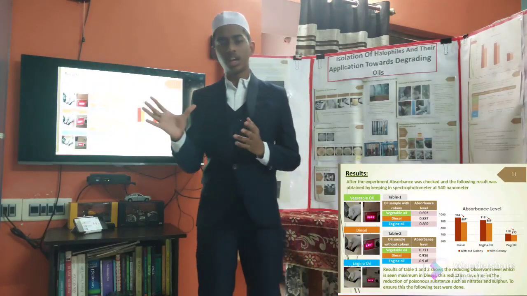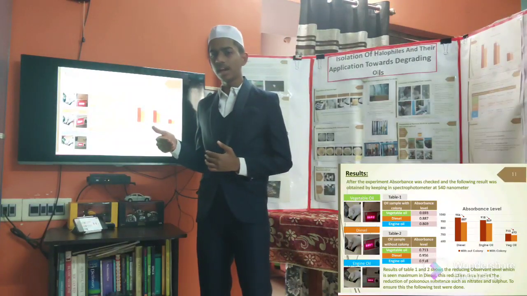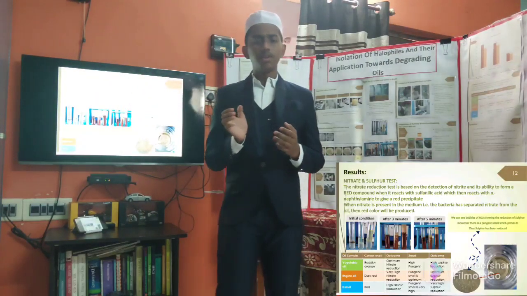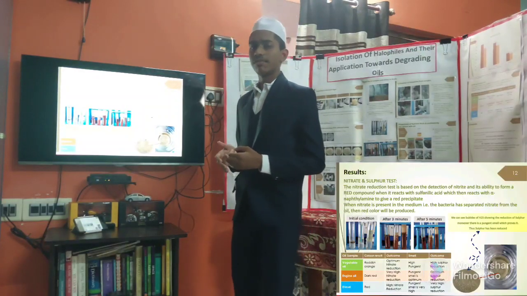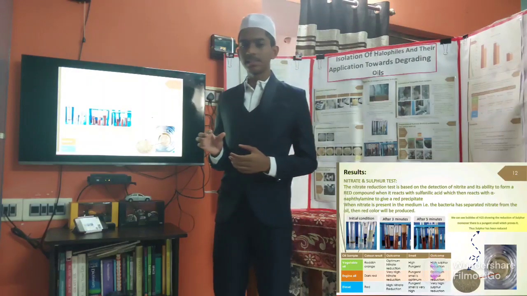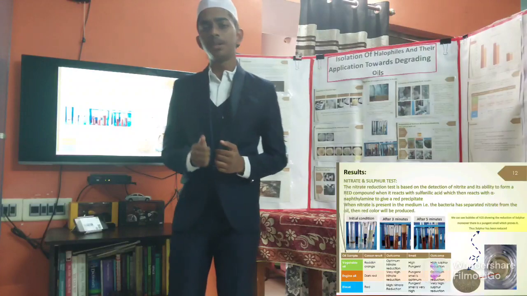To ensure that the hazardous oil contents have been reduced, we went on to test nitrate and sulfur. First, we are doing the nitrate test. For the nitrate test, we used alpha-naphthylamine and sulfanilic acid, and we added 5 ml of each oil sample in these. The one which turns red shows that the nitrate has been reduced.